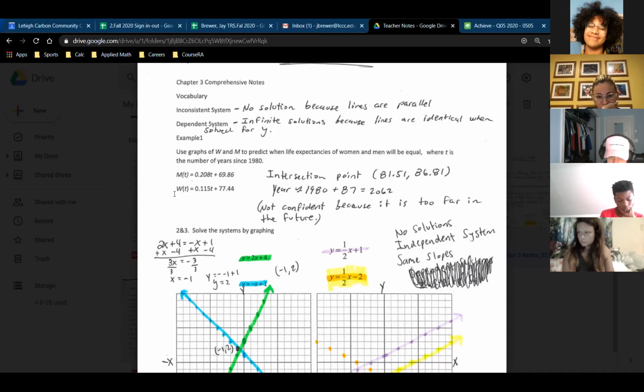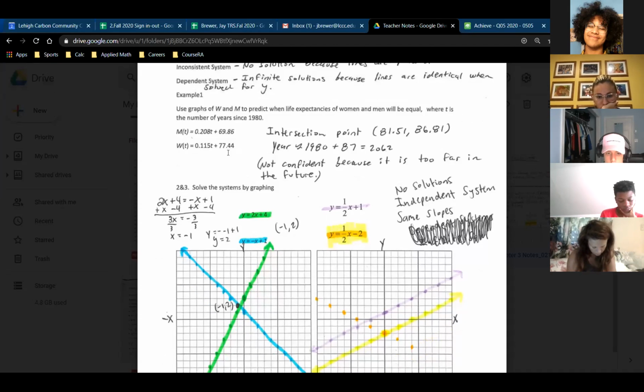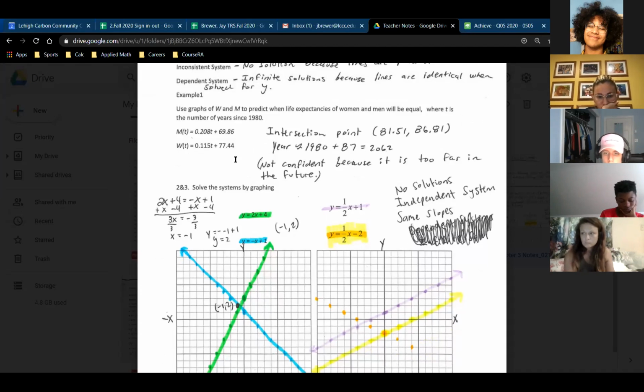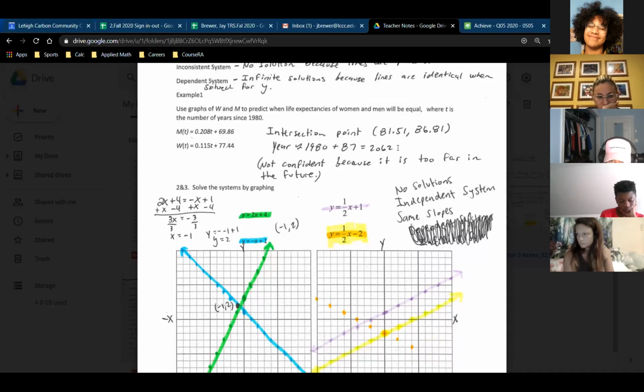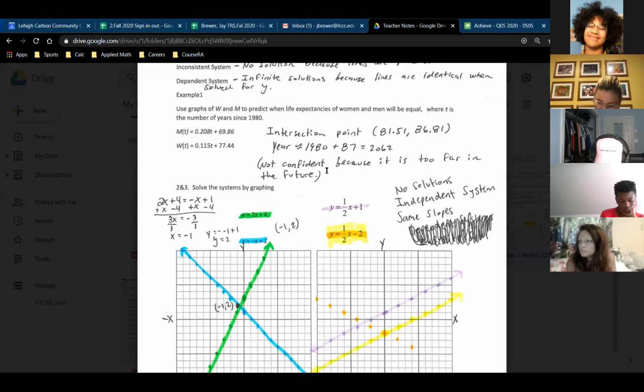We need to find the intersection point. So you can do that a few different ways. You can either set the equations equal to each other and find what T is, and then add it to the year 1980. You could graph the two systems. I'm pretty sure when I taught this in class, we chose to graph the two systems.